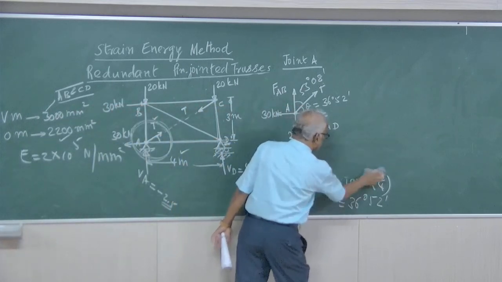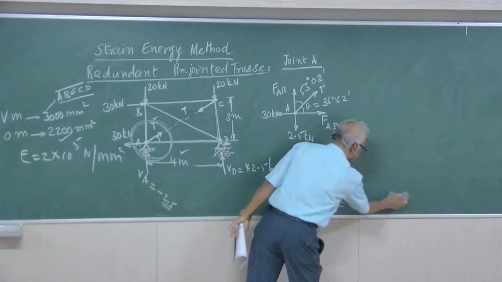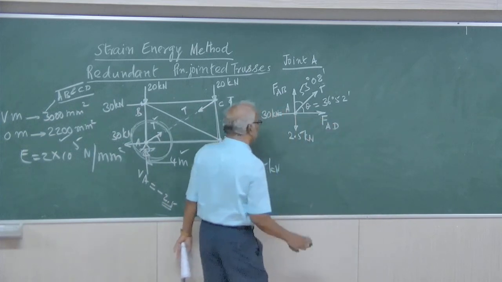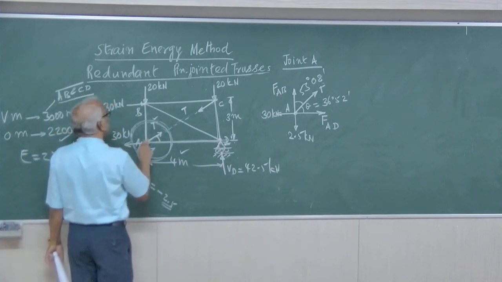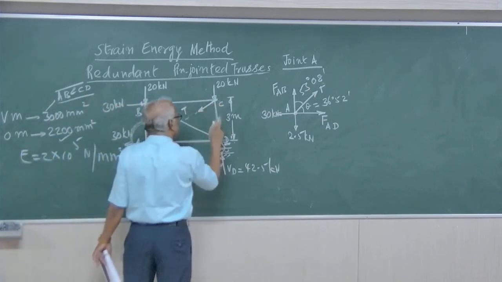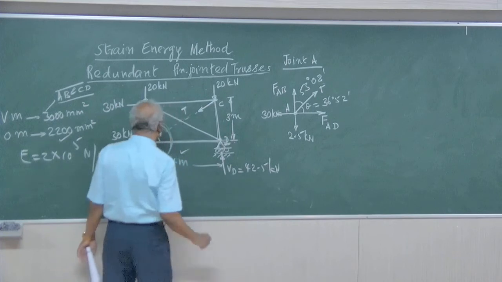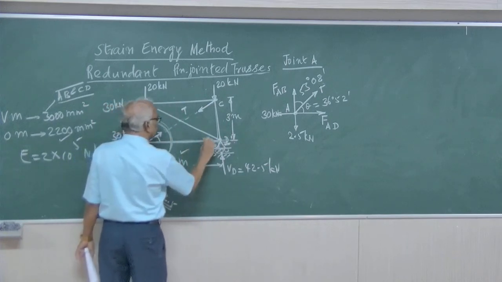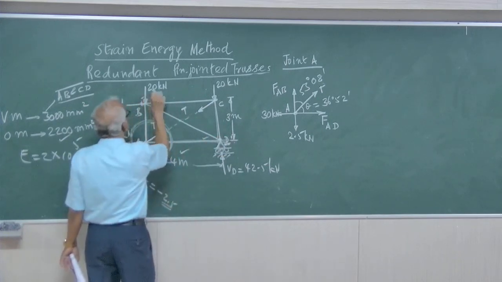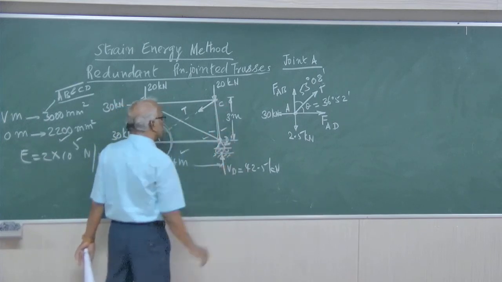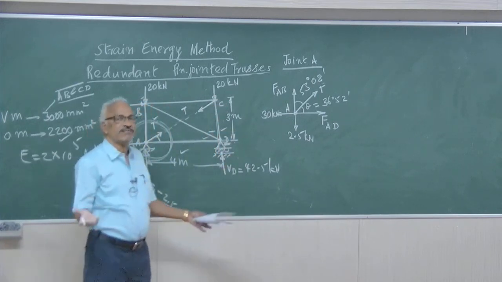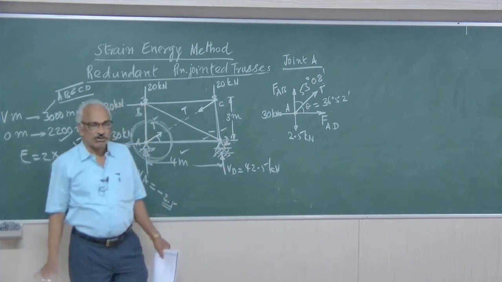After all, we are going to analyze only 3 joints. If you analyze A, B and C, then when you analyze A, you will get the force in this member; when you analyze B, you will get the force in this member; when you analyze C, you will get the force in this. Therefore, analysis for D will not be required. It is N minus 1 joints.